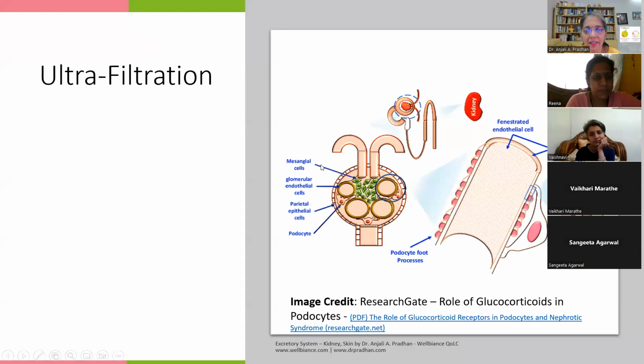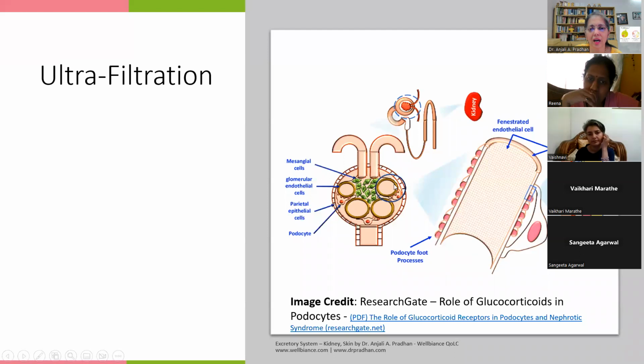What I explained earlier is given here. This is Bowman's capsule. This is the glomerulus. This is the afferent arteriole, which becomes the glomerulus. See, here comes the endothelium.